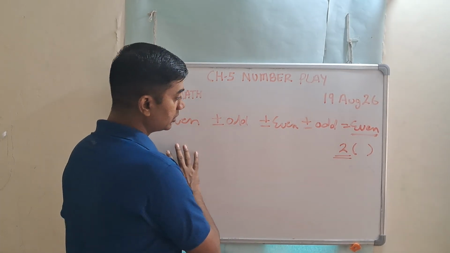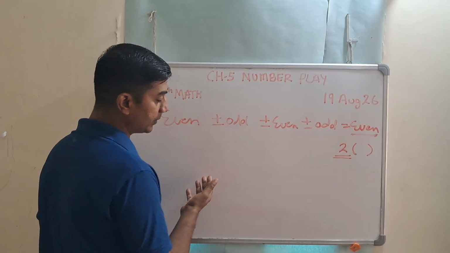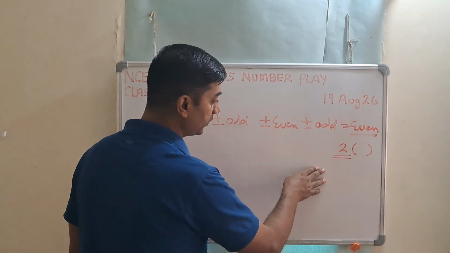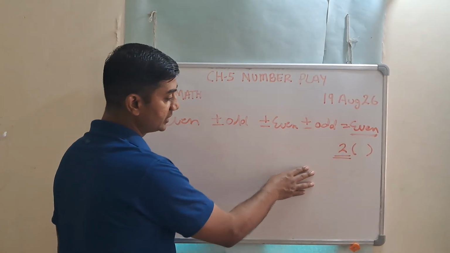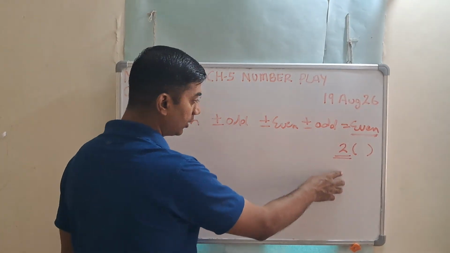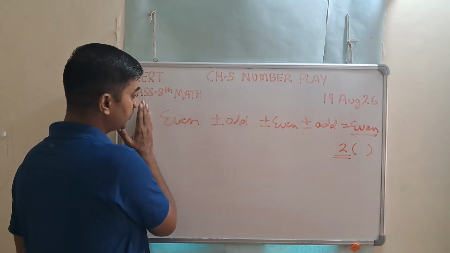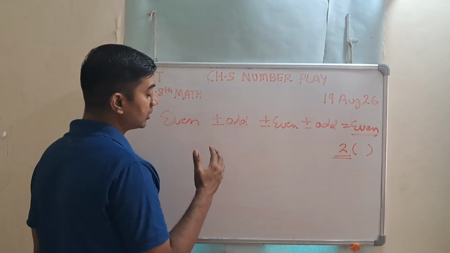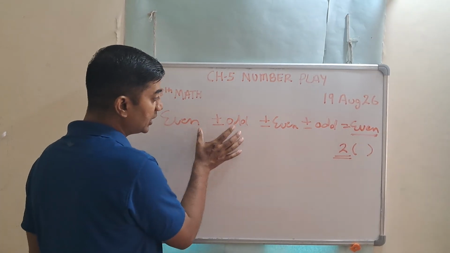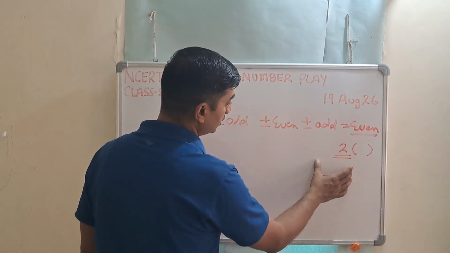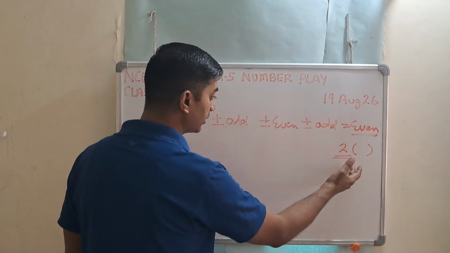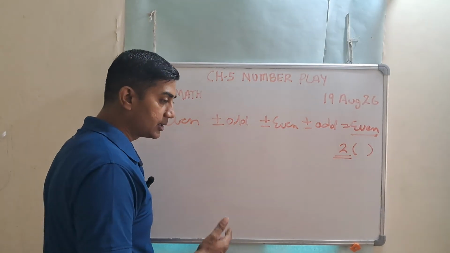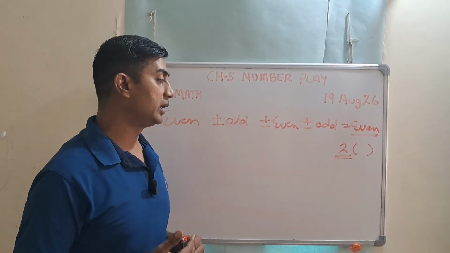We will discuss the further part of this chapter in the next class, and we will come to the conclusion and see the divisibility rule of 2. Understood? Why I am explaining all these things to you in a step by step manner is so that you have a sense of how we come to the conclusion of what the divisibility rule of 2 is, and we should not directly learn it.